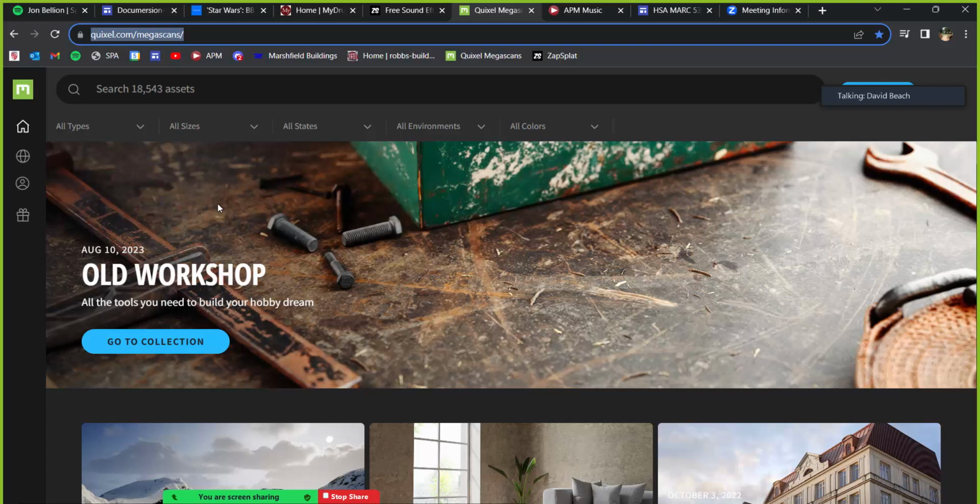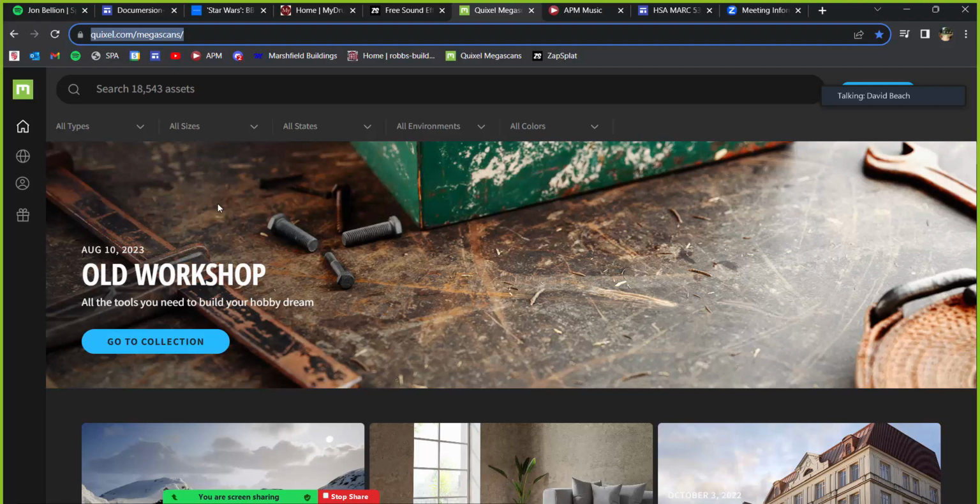Quixel is a company that Epic Games purchased. Quixel is going to be your very best friend in this. It is what is going to take, especially your sites, from being fairly bland landscapes and things like that to being truly immersive, like I'm standing on the side of a cliff kind of thing, right?